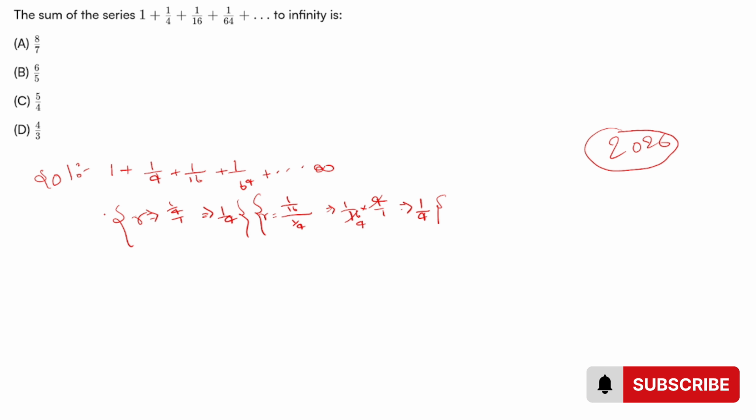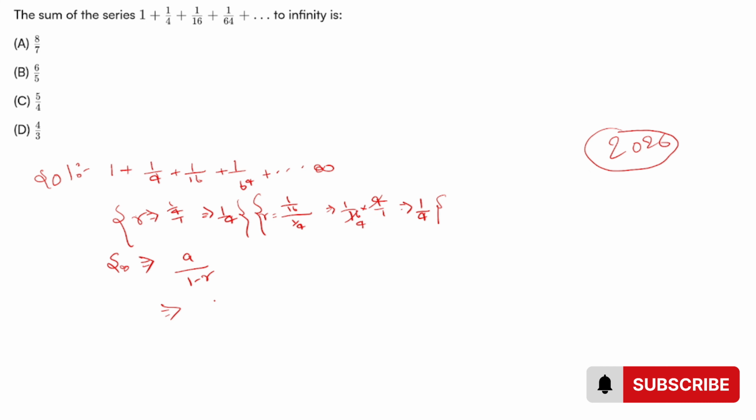The sum of an infinite series in GP is given by the formula S infinity equals a by 1 minus r, where a is the first term and r is the common ratio, the ratio of consecutive terms, which is the same number.